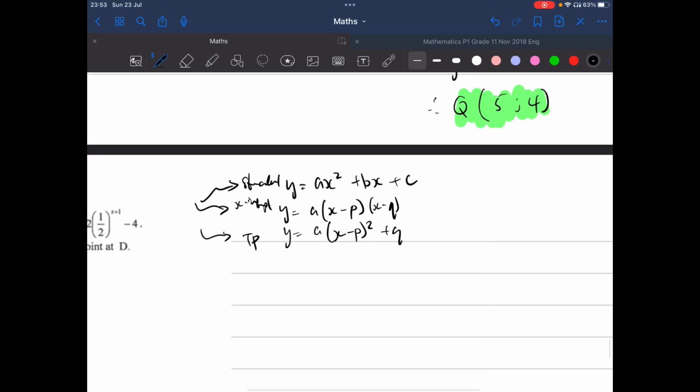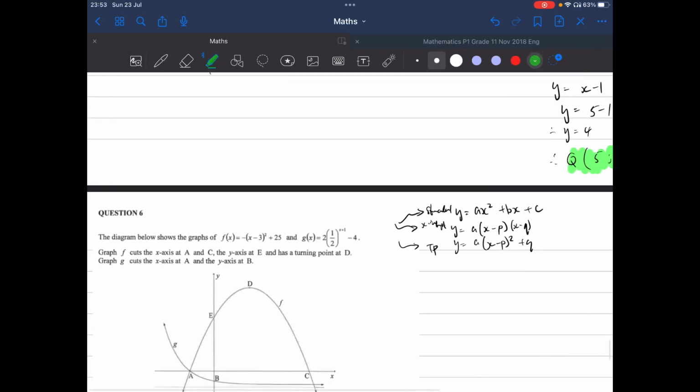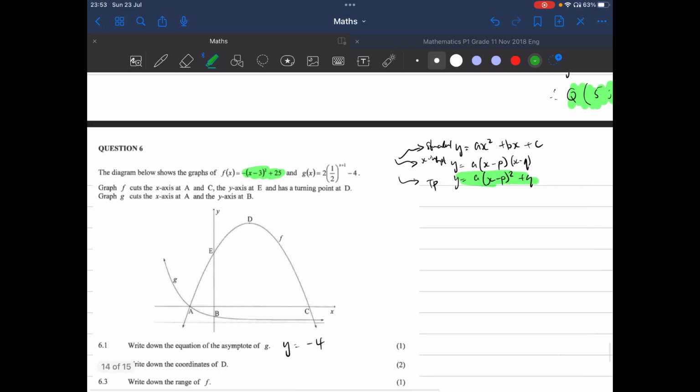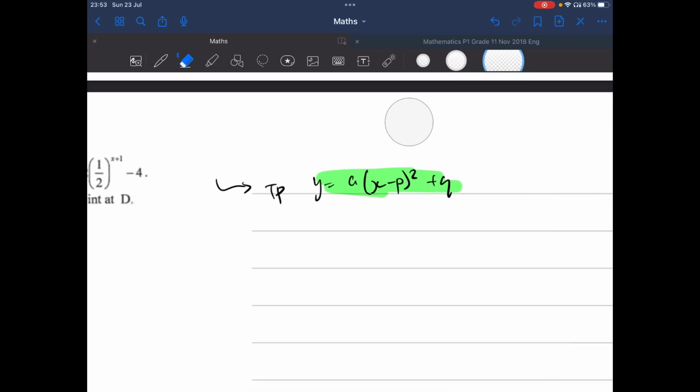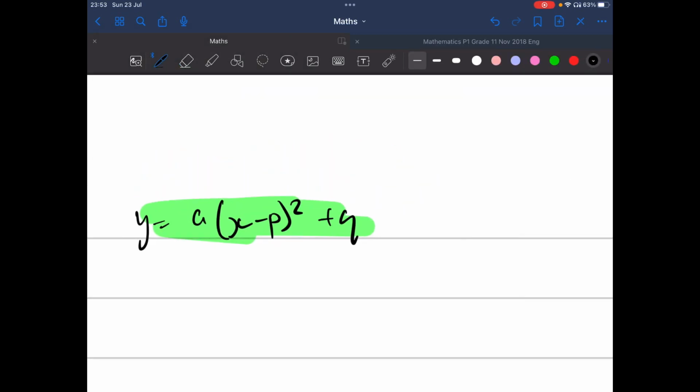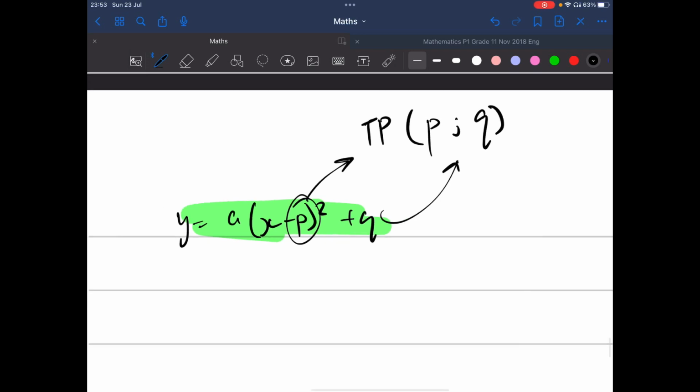Okay, so what are we given? We're given the turning point form, right? If you look at this, that's the turning point form. Okay, so let's get rid of this for now. What do these things represent? Our p is the x value of the turning point, and q is the y value of the turning point.